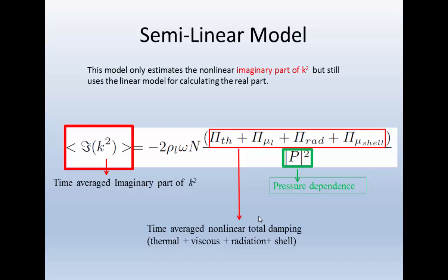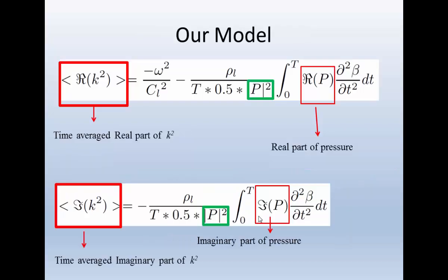So in his model, the time average imaginary part of the wave number squared depends on the time average nonlinear total damping of the bubbles, which is the thermal damping, the viscous liquid damping, radiation damping, and the damping due to the viscosity of the shell. And it depends also on the pressure of the transmitted wave. So each of these dampings depends on the pressure.